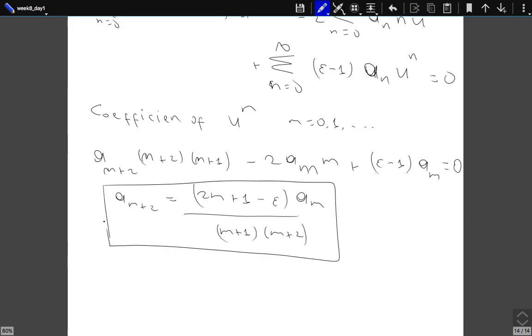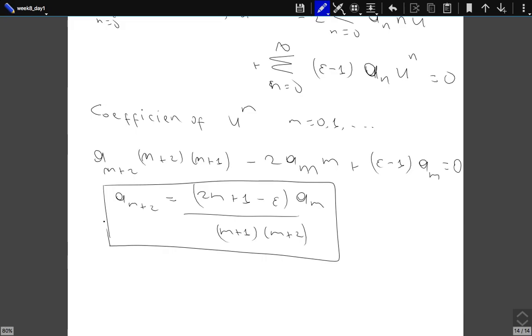Well, you see, I get two solutions. If you know a_m, you know a_(m+2). So if I know a0, then I know a2, a4, a6, I know all the even n. If I know a1, then I know a3, a5, a7, I know all odd n.